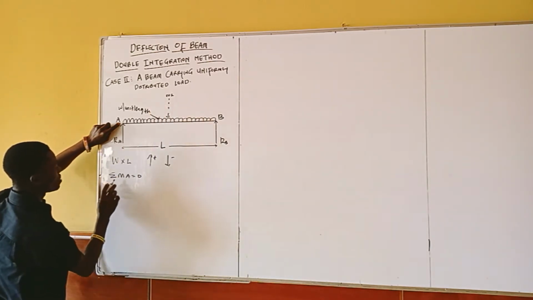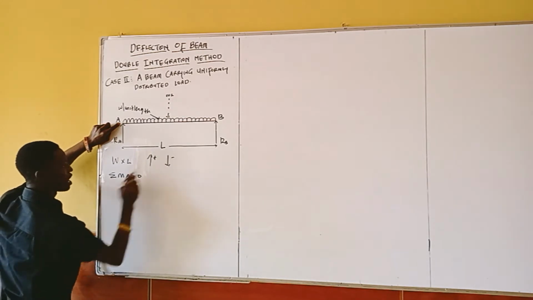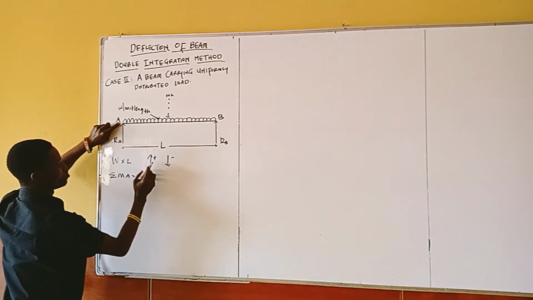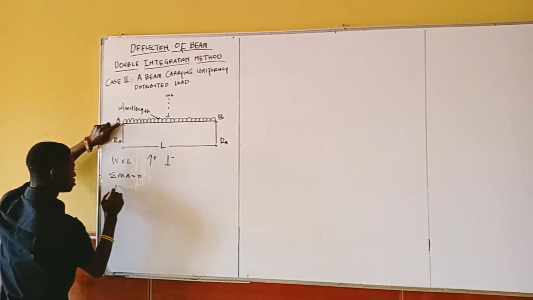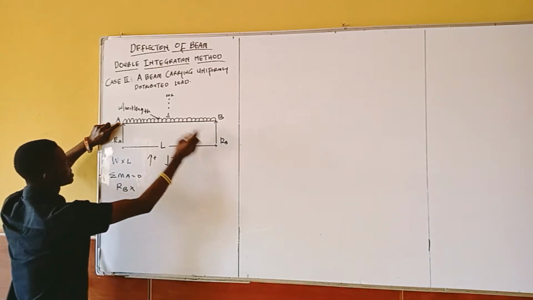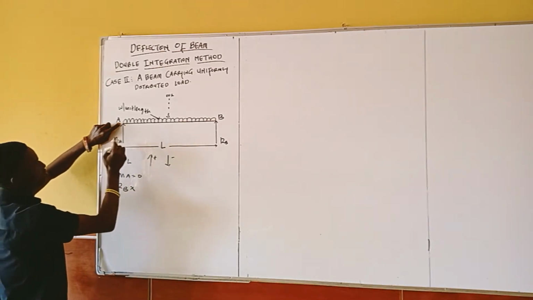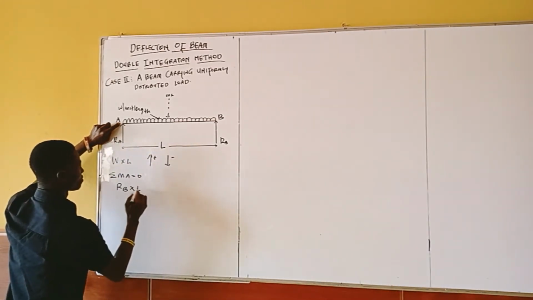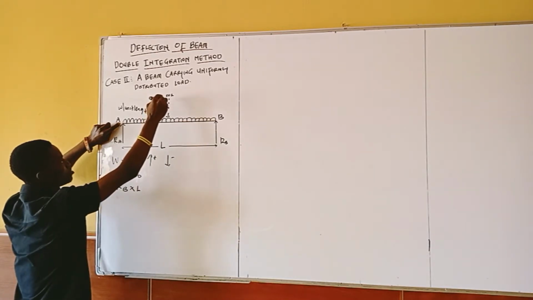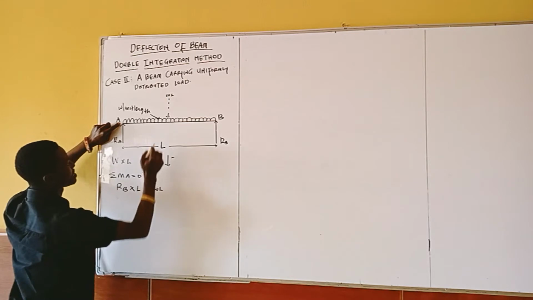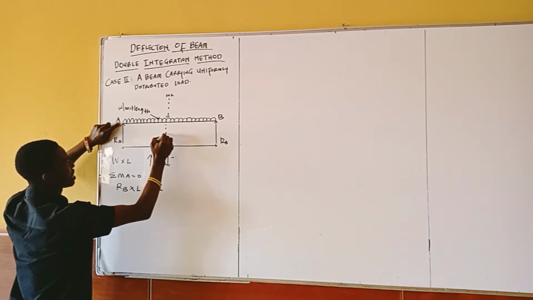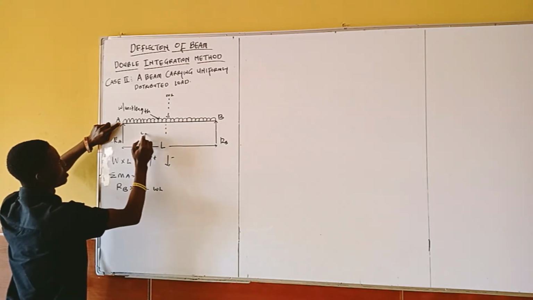So my moment at A is going to be RB, an upward force, which I've given positive, so RB multiplied by the distance L before it reaches A. Then this downward force is minus WL, acting at the center, which is L over 2.